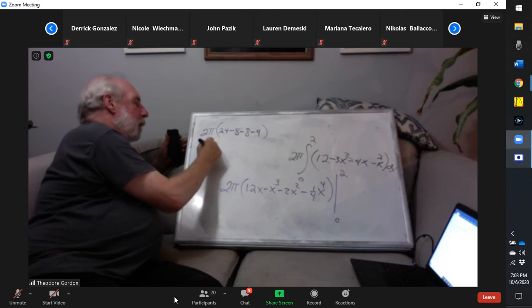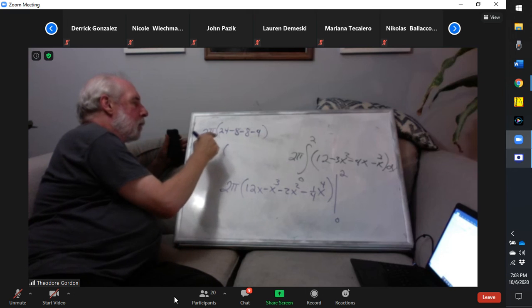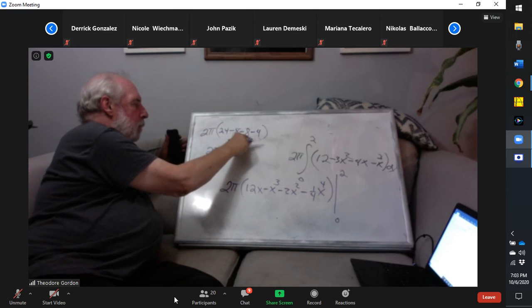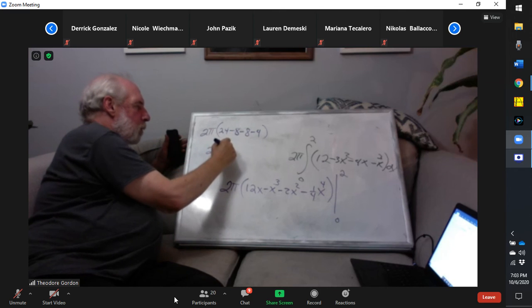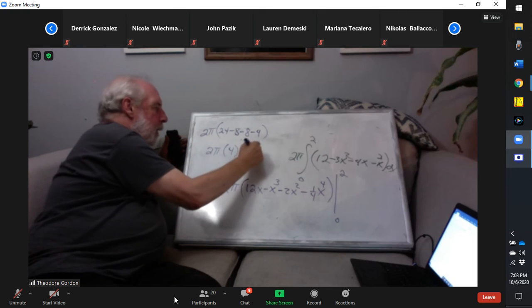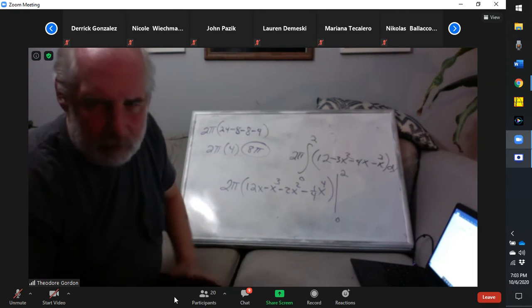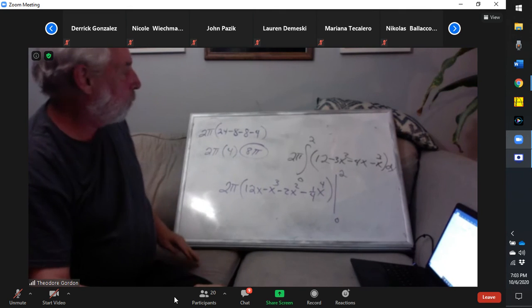And so our whole answer becomes 16, negative 20. Negative 16, negative 20. So I think the answer is 8 pi, unless I made an arithmetic mistake. Totally possible.